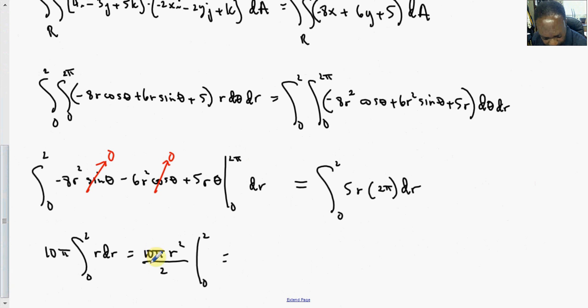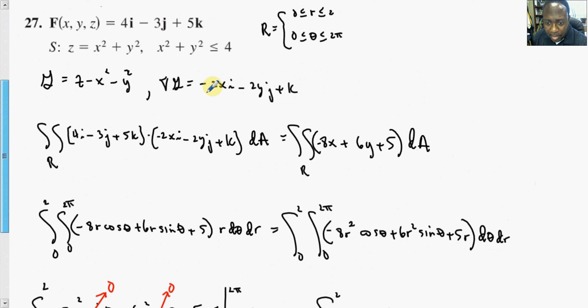So this is 5 pi, and then here the r is 2 to be squared, gives us 4 times 5, 20 pi.